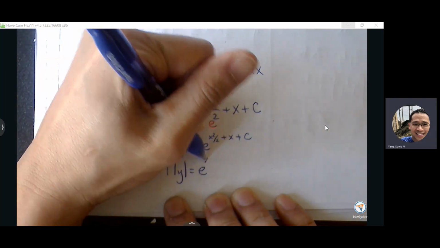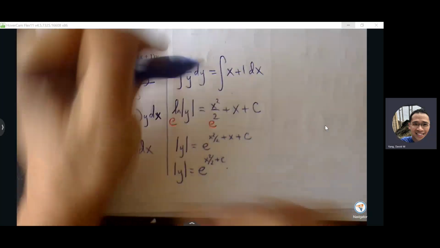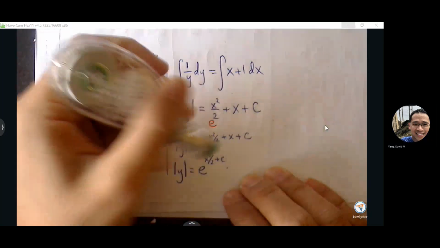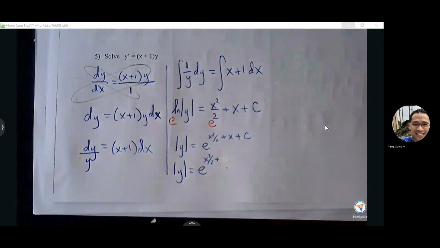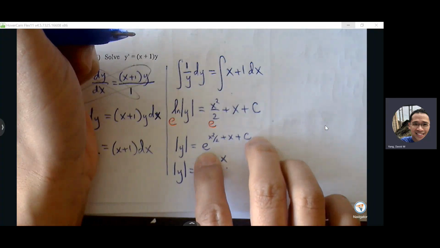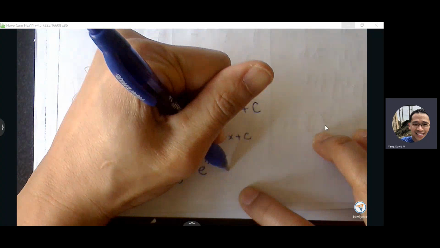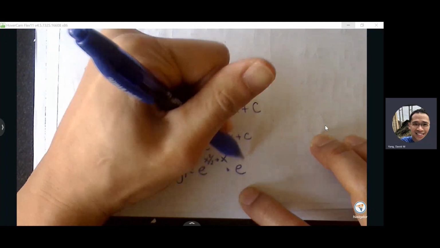I'm going to keep the x squared over 2 plus x together. But I'm going to separate that c away from the rest of this expression. So I'm not going to put a plus now. I'm going to put a times e to the c.